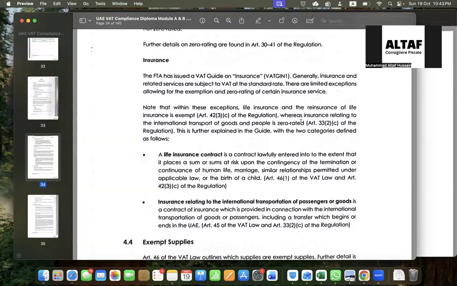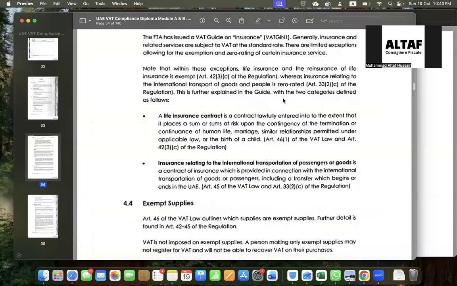If you remember, international transportation of goods and services was anyway zero rated. So insurance also related to that international transport is zero rated. This is further explained in the guide with the two categories defined as follows.